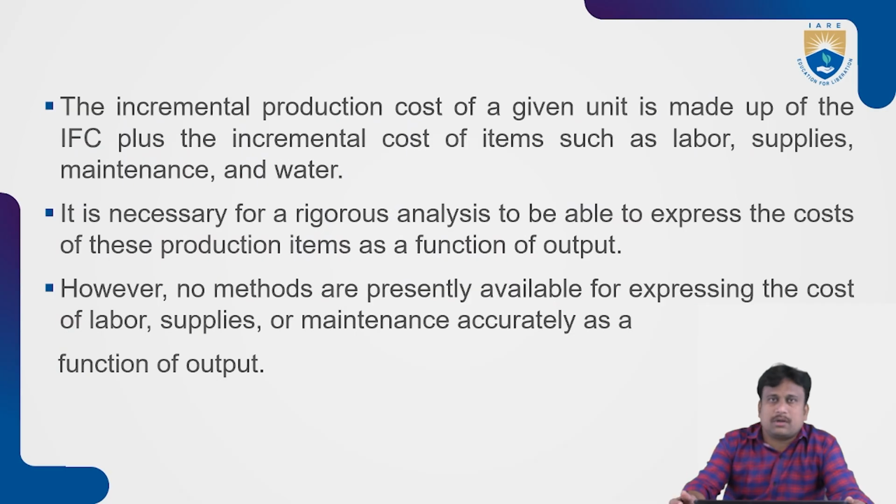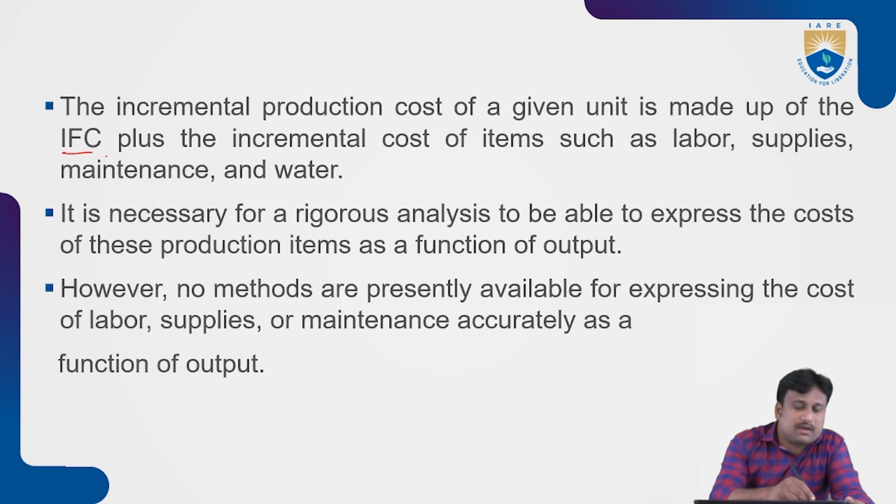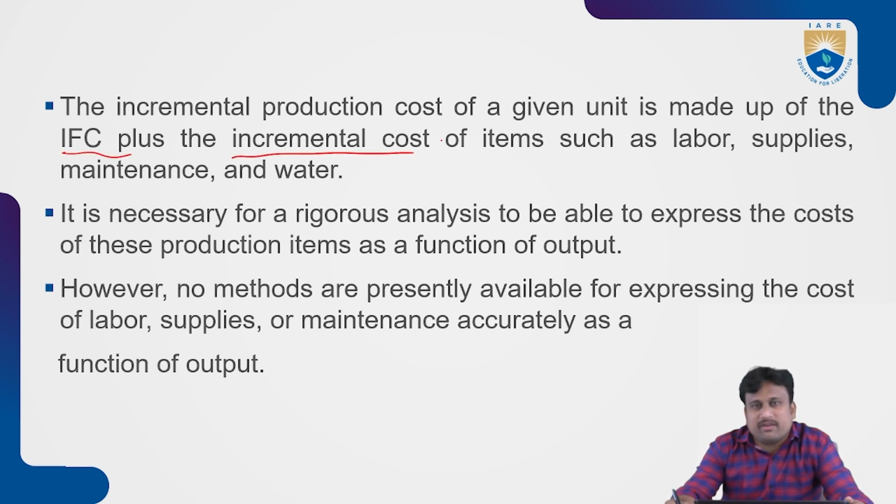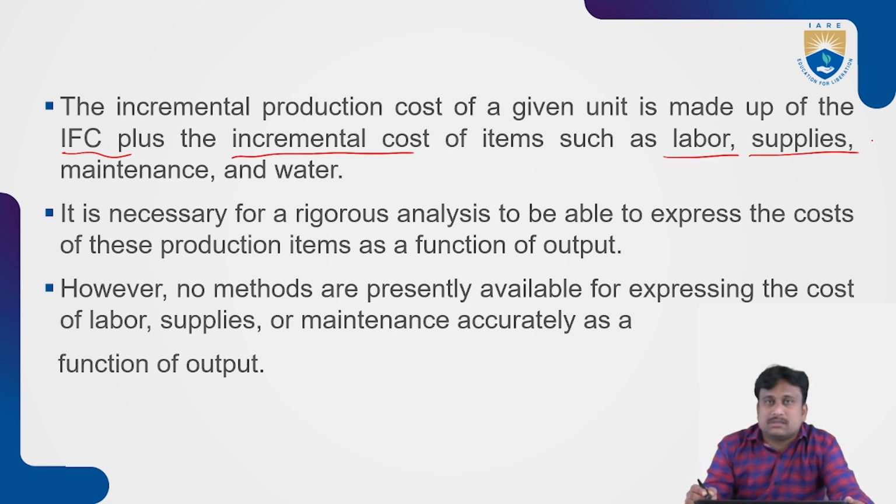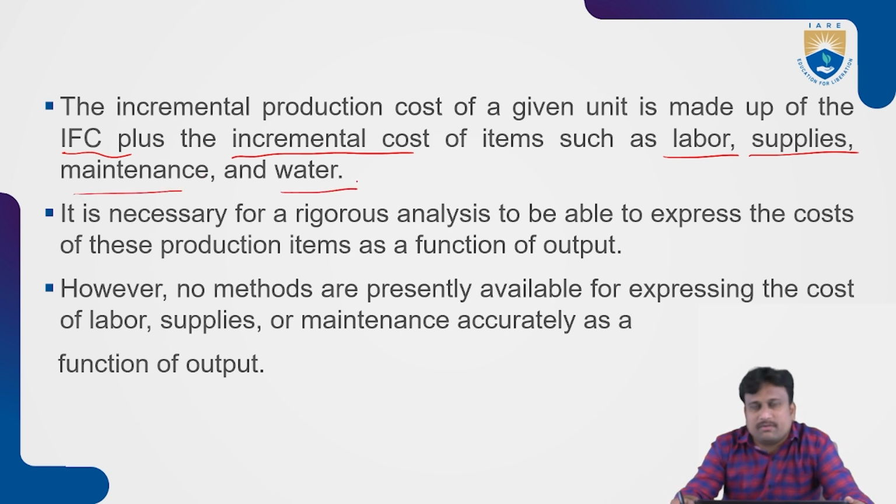requirement. So coming to the incremental production cost for a particular unit, it is made up of the incremental fuel cost plus the incremental cost of the given items, like the working labor, suppliers, maintenance, and availability of the water.